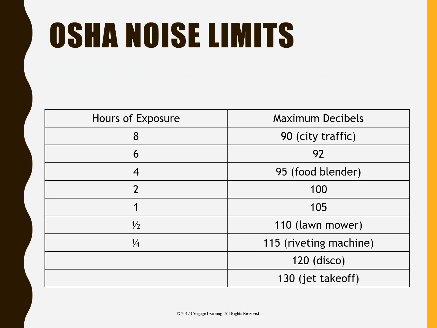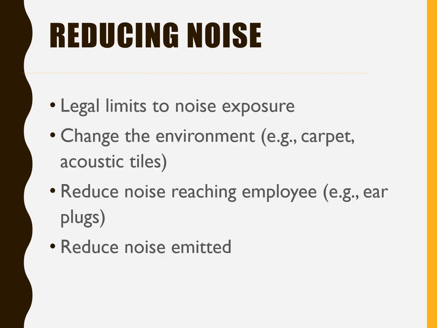Four hours of exposure is 95, this is for a food blender, and so on. Here you can see some actions that can be done to reduce noise, like changing the environment, reducing noise reaching the employee, for example using earplugs, and reducing noise emitted.